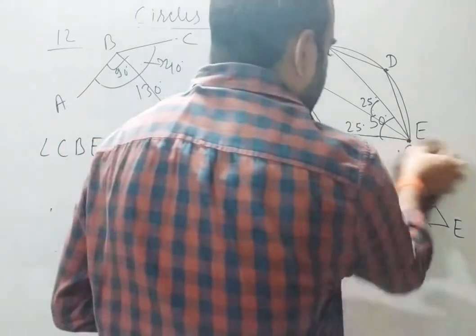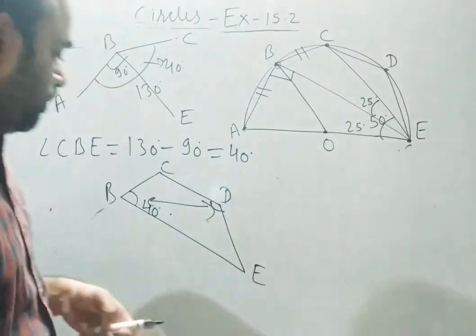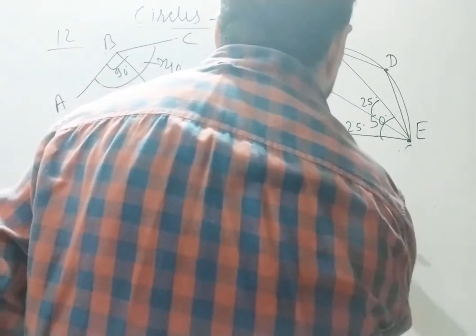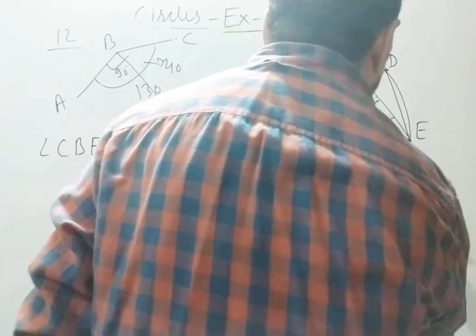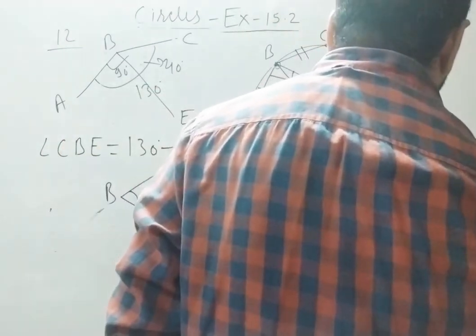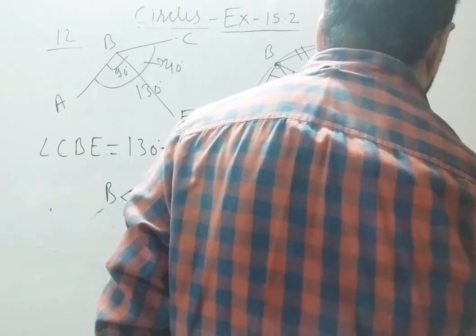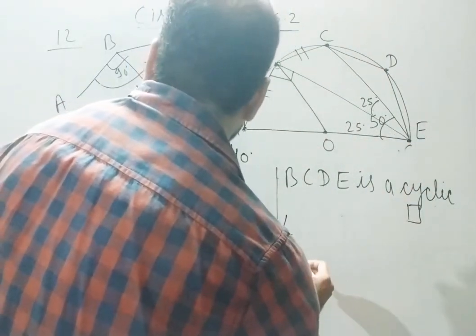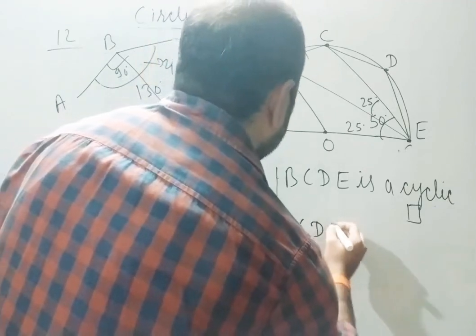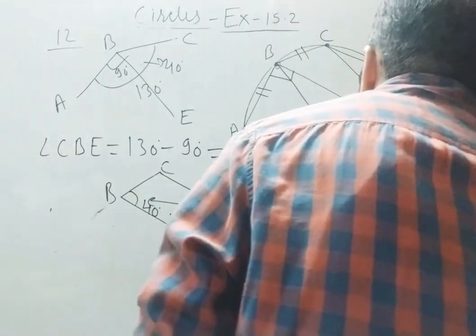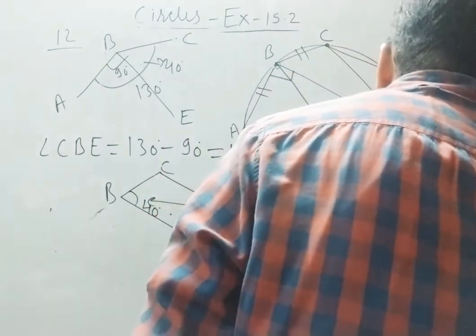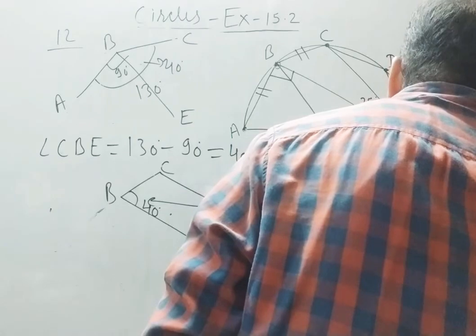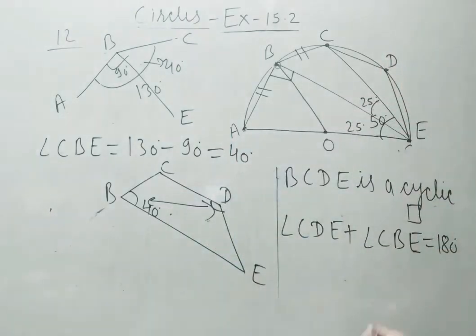180 minus that angle. So here BCDE is a cyclic quadrilateral. Therefore, angle CDE plus angle CBE is equal to 180. Correct? Visible?